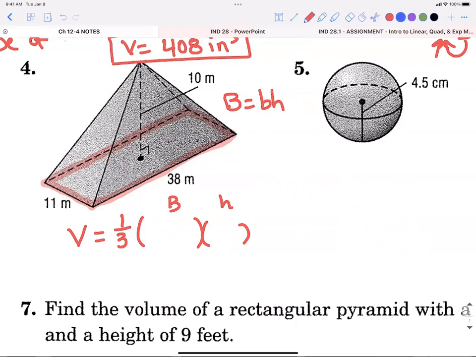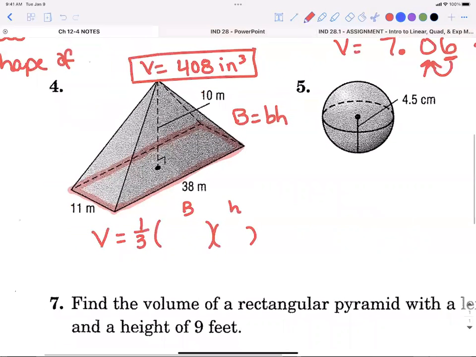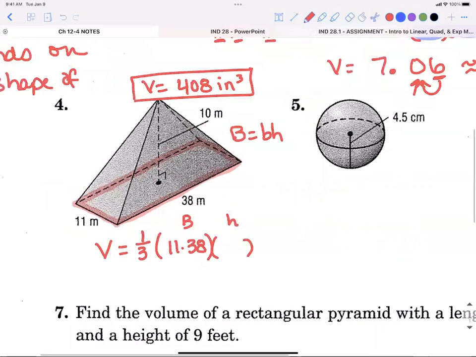The shape of the flat bottom here is a rectangle, which means it's base times height. So for our capital B, it's going to be 11 times 38, and then times the height of the actual pyramid itself, which is 10.